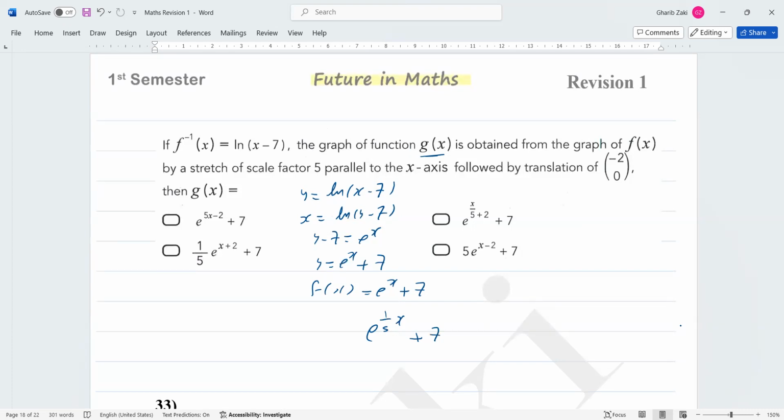Okay? So what about here? Minus 2 is horizontal translation. Then we add here minus 2, because this is a horizontal translation. But because it's minus 2, it becomes a plus 2, obviously. Then the correct answer is that.